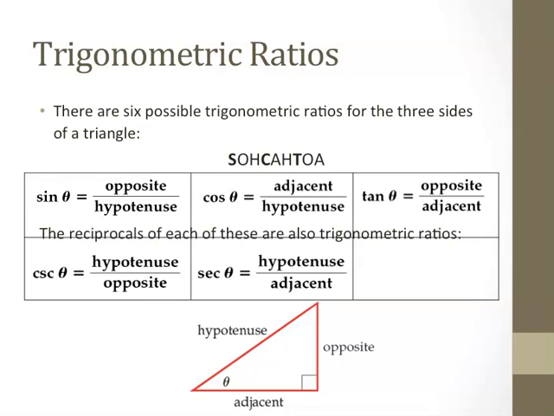That's the hypotenuse over the adjacent. And then the reciprocal of tangent is cotangent. That's the adjacent over the opposite. All right, so those are the 3 that are probably new that you haven't seen before. All you need to know is which one it pairs with. So sine with cosecant, cosine with secant, and tangent with cotangent.